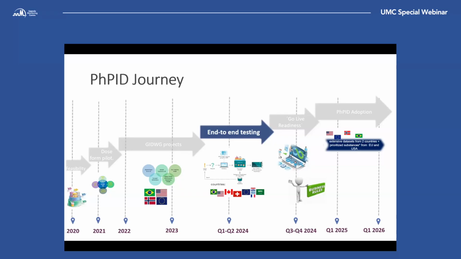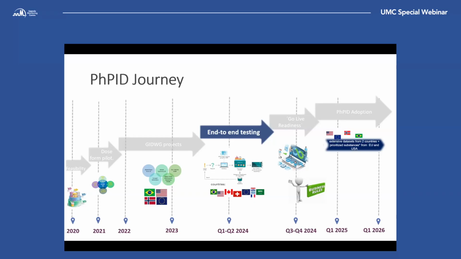Yes, in 2023, we transitioned into larger scale end-to-end testing. Quite an important milestone for us, bringing in even more countries to ensure the system works across diverse regulatory environments. And then last year, 2024, we focused on polishing our processes, business rules, and technical solutions, and preparing for real world deployment.